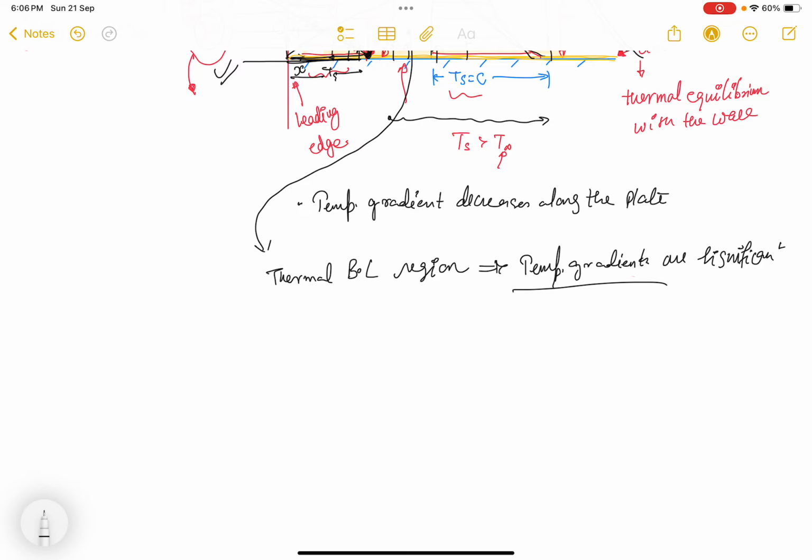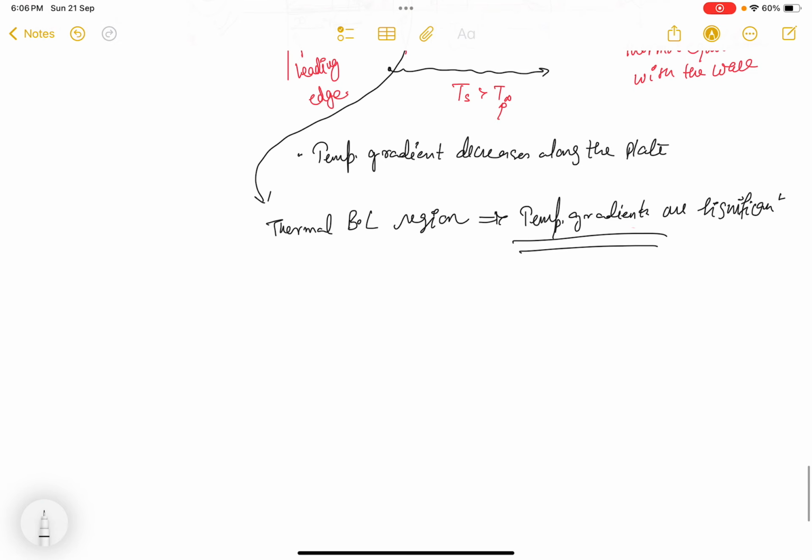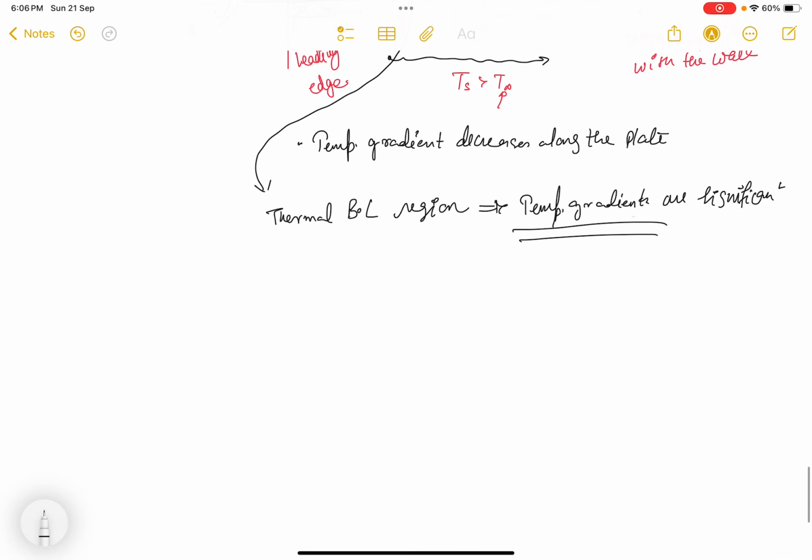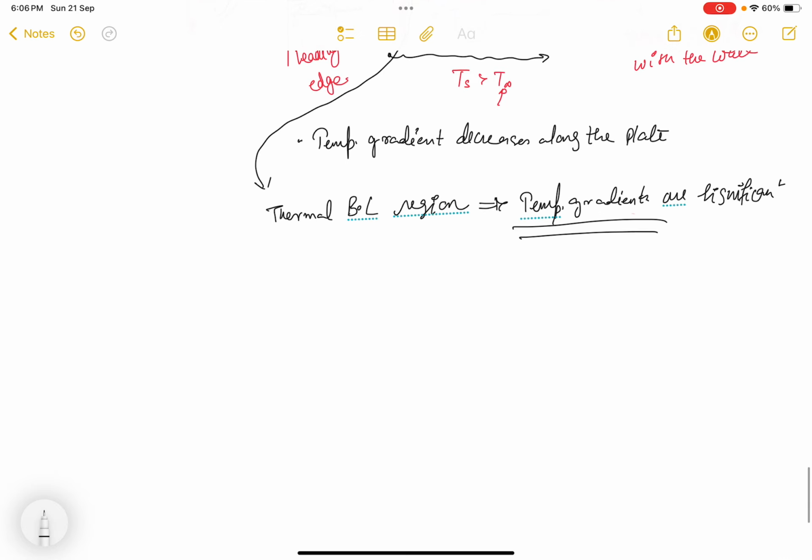This temperature gradient is of very much interest to us because we will be using this parameter in finding the heat transfer coefficient, right?